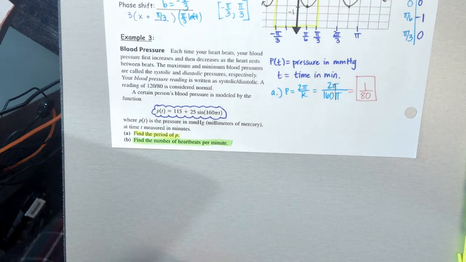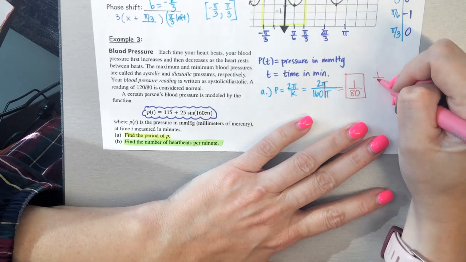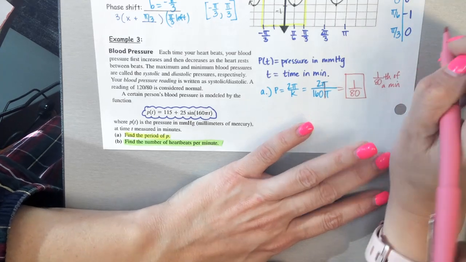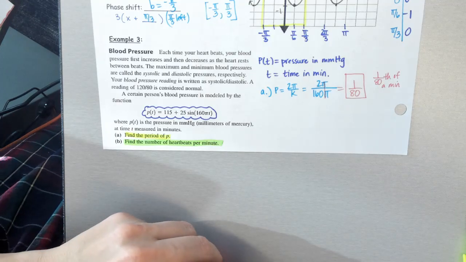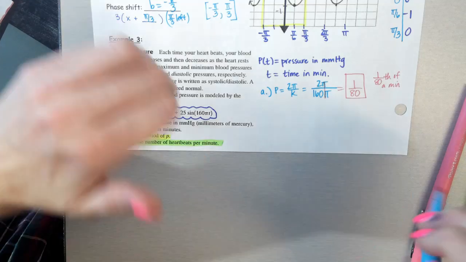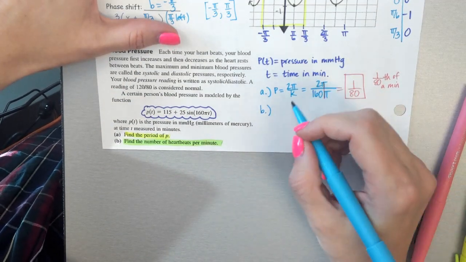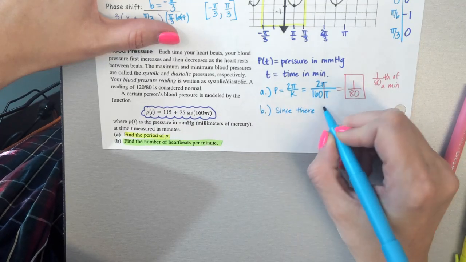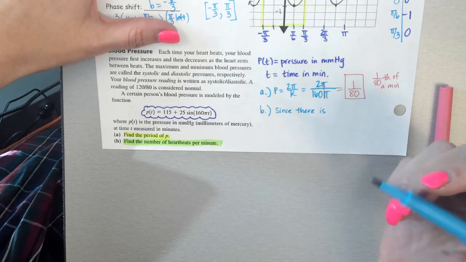And then what this means is this is 1/80th of a minute. Okay, so you have 1 heartbeat in 1/80th of a minute. So when you're trying to find the number of heartbeats per minute, we're going to use that to help us. Since there is 1 beat, because this is 1 cycle, that's what your period is, the 1 cycle.